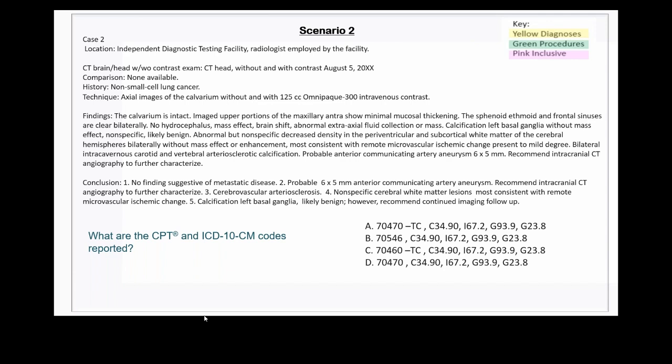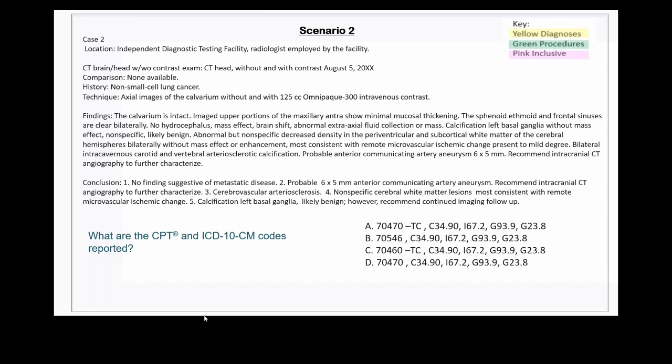Calcification left basal ganglia without mass effect, nonspecific, likely benign. Abnormal but nonspecific decreased density in the periventricular and subcortical white matter of the cerebral hemispheres bilaterally without mass effect or enhancement, most consistent with remote microvascular ischemic change present to mild degree.